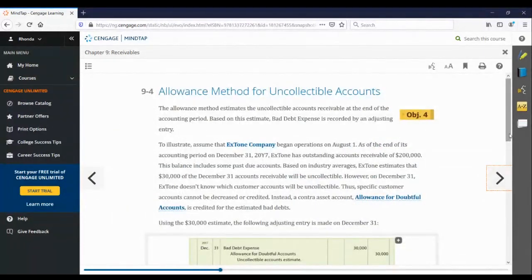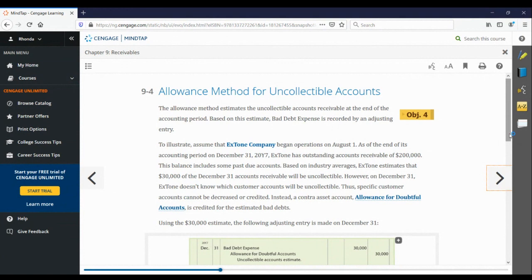The next method that we need to talk about is the allowance method. Again, we would use the allowance method if we anticipate that we're going to have a whole lot of customers that cannot pay us what they owed us originally.